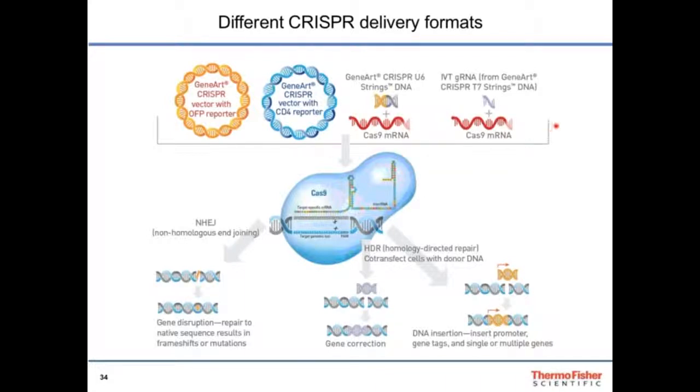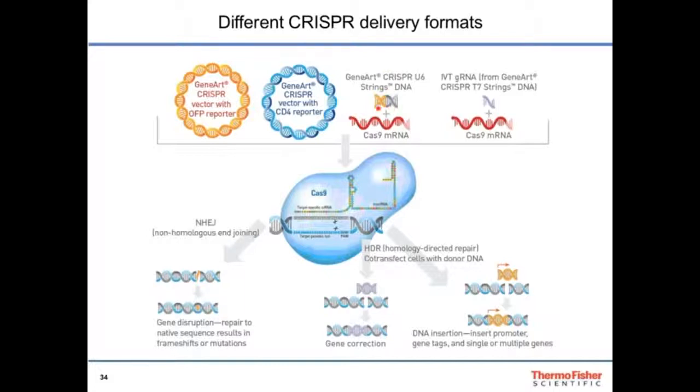And recently we've launched a solution that has, instead of a plasmid-based system, purified Cas9 mRNA. And then our guide RNA templates can come in the form of linear double-stranded DNA strings.